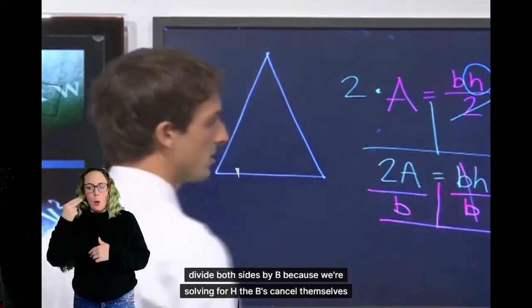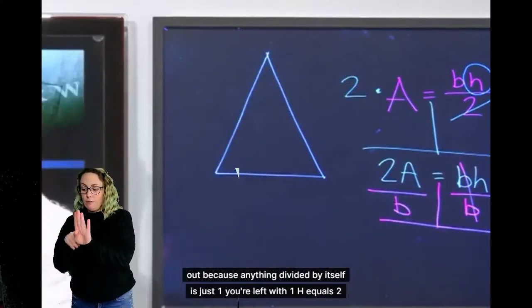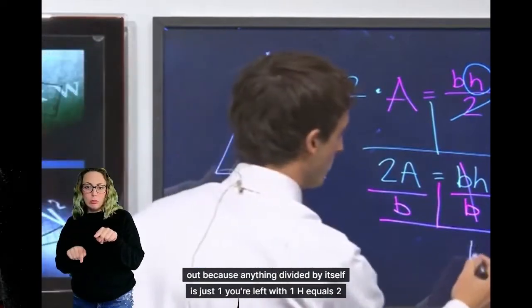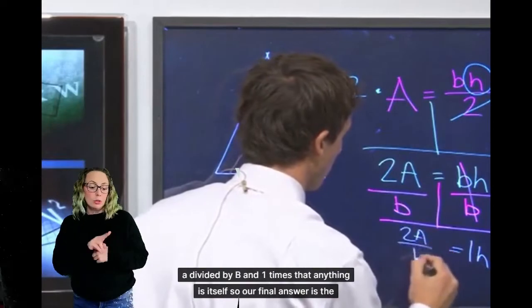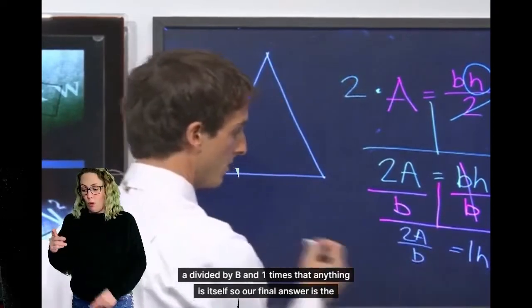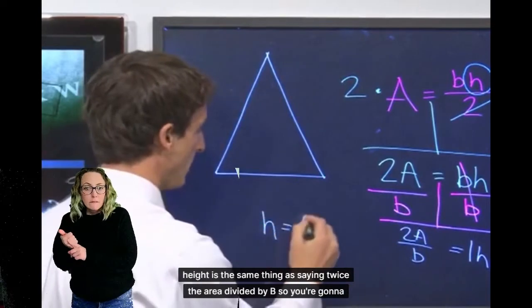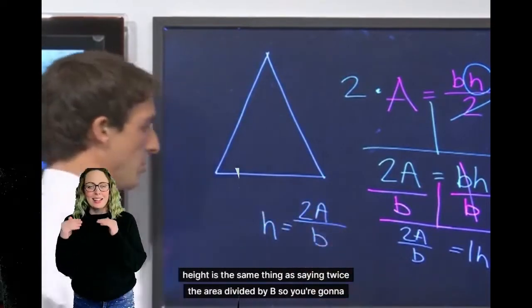The b's cancel themselves out because anything divided by itself is just 1. You're left with 1h equals 2a divided by b, and 1 times anything is itself. So our final answer is the height is the same thing as saying twice the area divided by b.